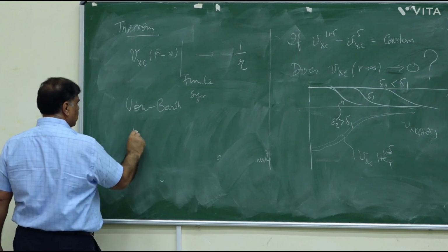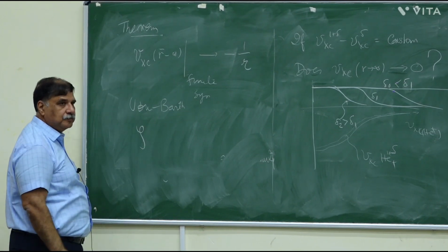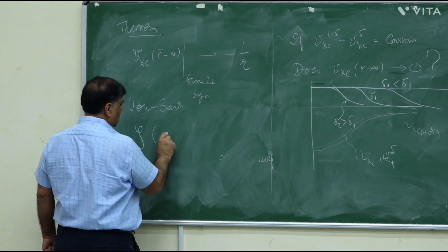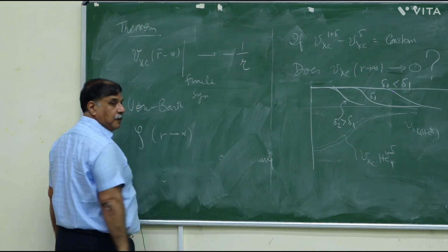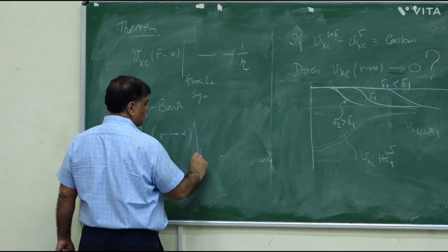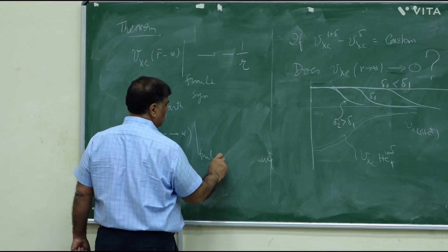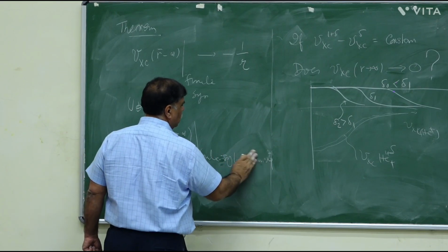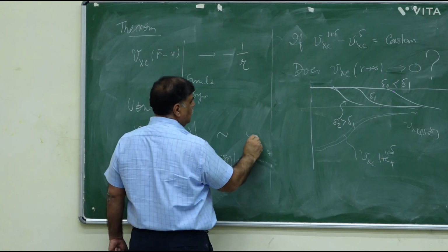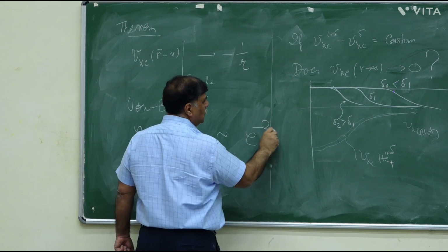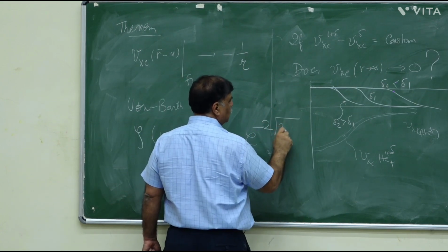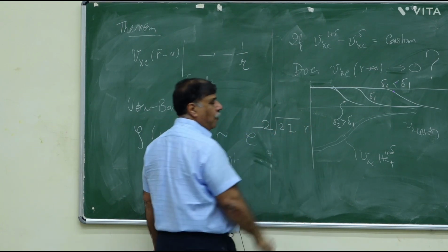Then you also have density for any system as r goes to infinity for finite systems going as e raised to minus 2 square root of 2I r.